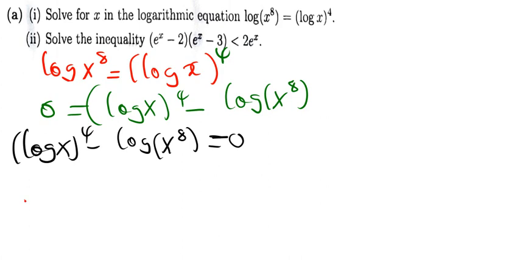If I factor out log x, this is just x inside, but here we have x to the power 4, so that is wrong. The property of log allows me to shift the power to the front, but I can't shift this to the front because that power is for both x and log. You can only shift it to the front if it is the power of x only.